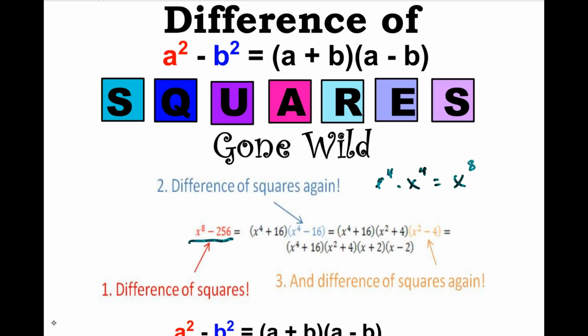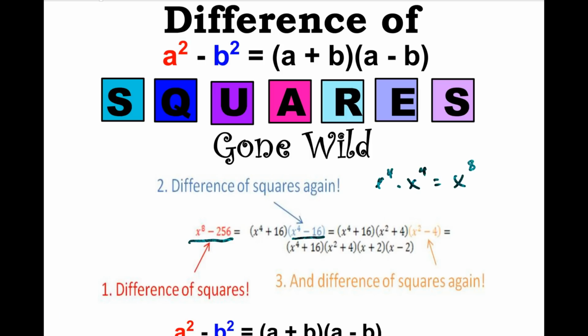All right. So I can break this down. This is the difference of squares: x to the fourth plus 16 times x to the fourth minus 16. Well, this is another perfect square. This is the difference of squares. It's the difference of x squared plus 4 times x squared minus 4.